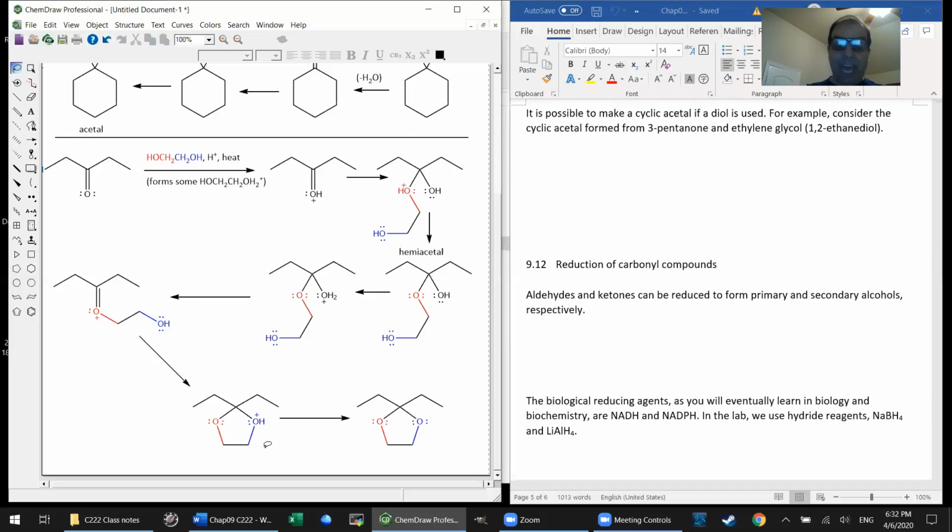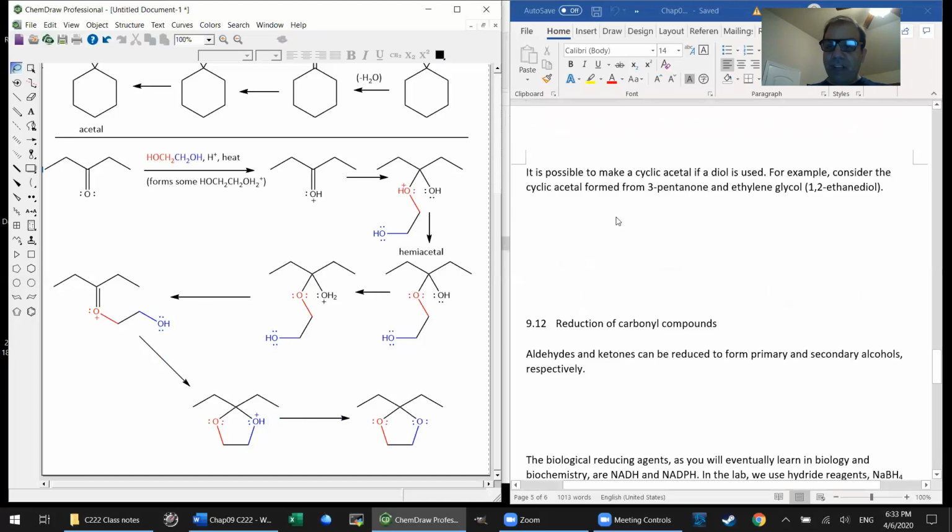And that's exactly what happens here. So this OH group will attack our carbonyl carbon. We get this protonated acetal. And then again, an alcohol molecule comes along and pulls off that proton, and we get our final acetal.